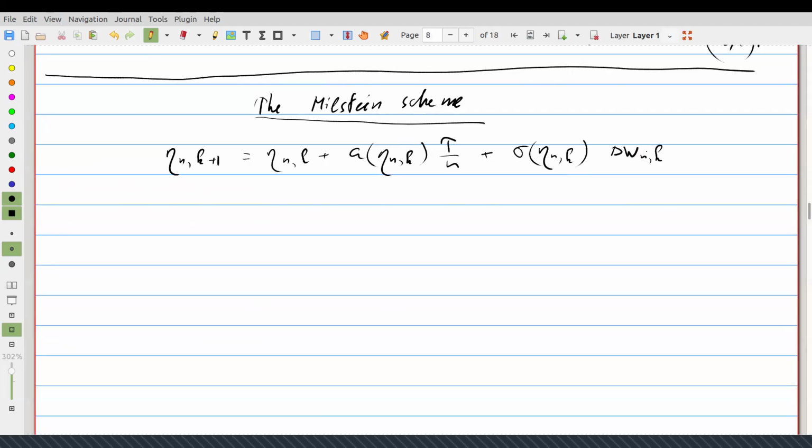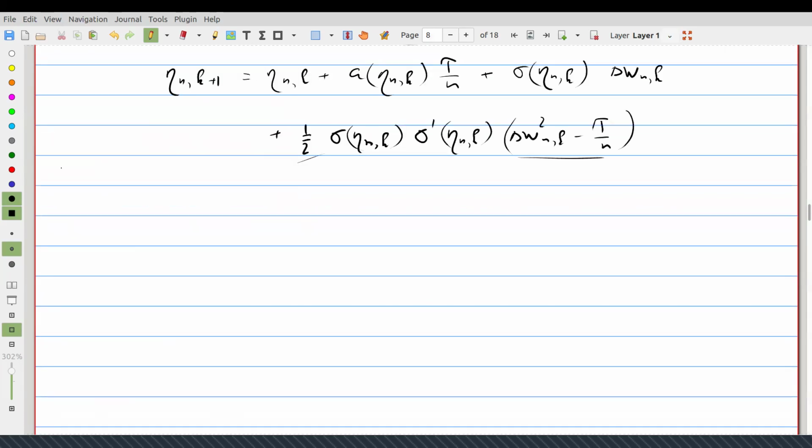Lipschitz continuity is always required uniformly with respect to the t variable and with respect to the space variables. And we include the approximation of those iterated stochastic integrals, which is exactly this 1/2.